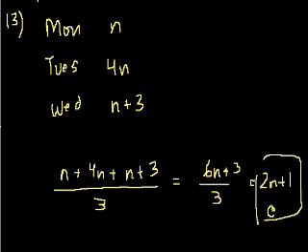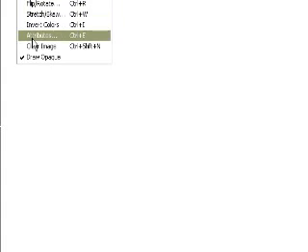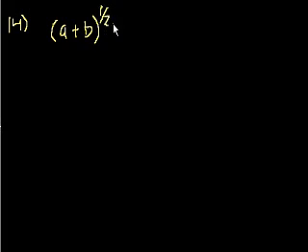Okay, number 14. This looks exciting. If a plus b to the 1/2 is equal to a minus b to the minus 1/2, which of the following must be true?